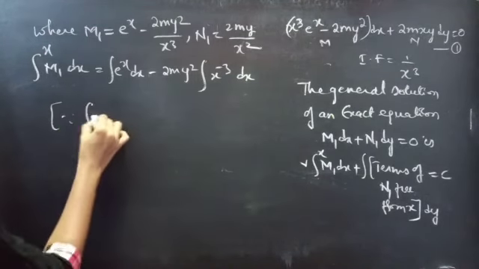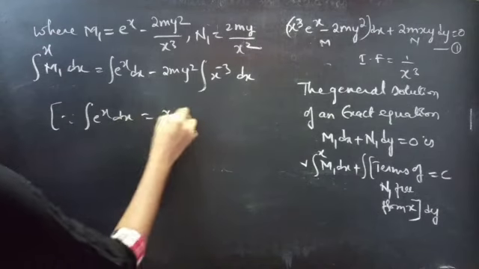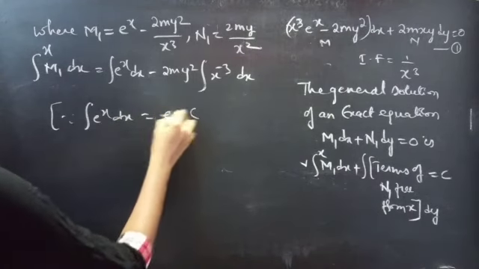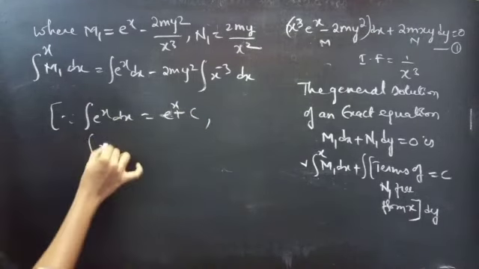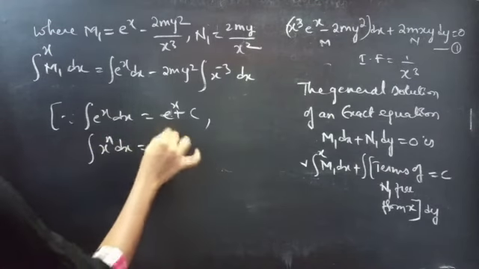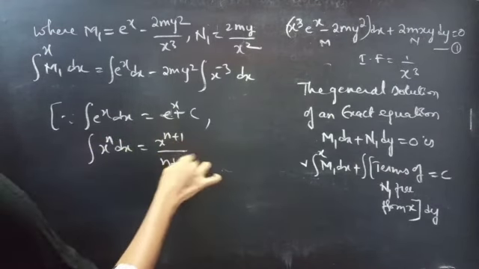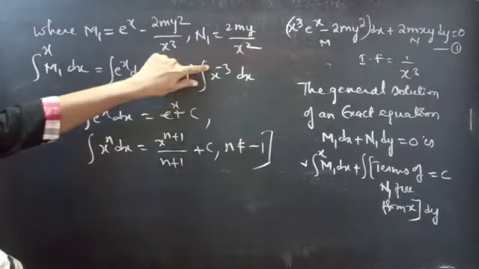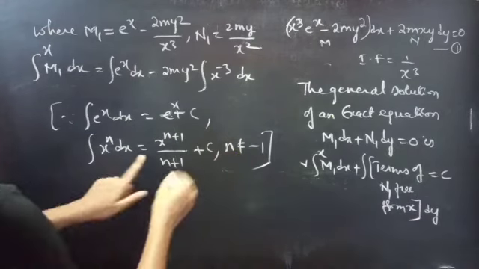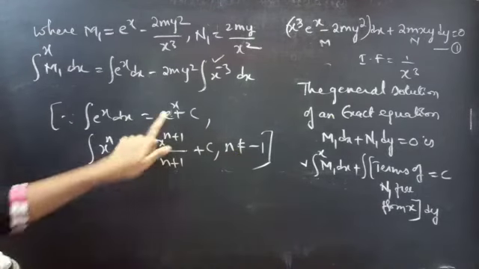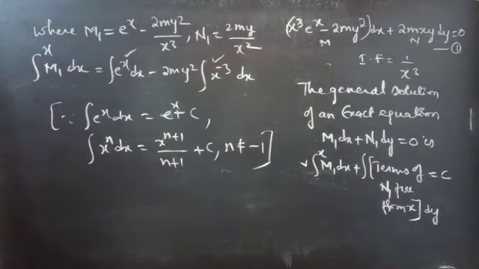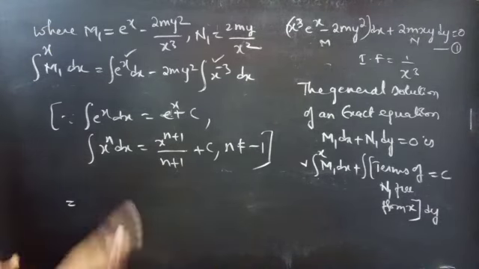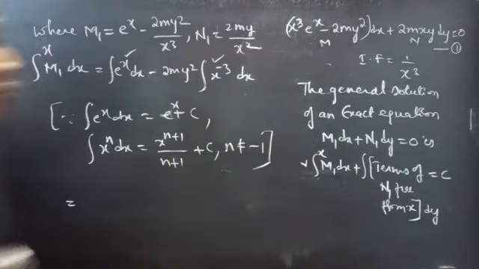Since we know that the integral of e power x dx equals e power x plus c, and the integral of x power n dx equals x power n plus 1 by n plus 1 plus integral constant c for n not equal to minus 1. So we have n equals minus 3, which is not equal to minus 1, so we can apply this formula. We don't write plus c for every integral, we'll finally write it once in the general solution.